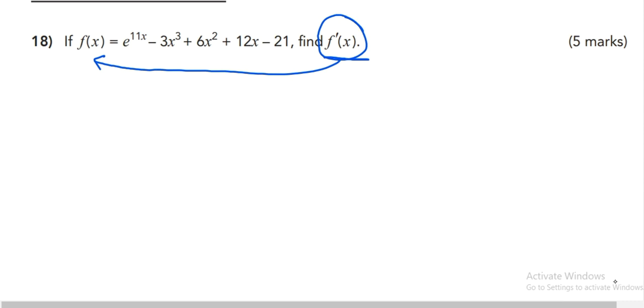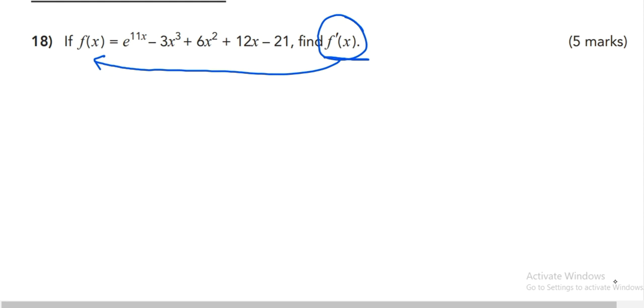And as we said before, what he gives and what he asks. If he gives the function and he asks to find the first derivative, we'll differentiate one time. If he gives the first derivative and he wants to find the second derivative, we'll differentiate one time. If he gives the function and he asks to find the second derivative, we will differentiate 2 times. So we have to pay attention in this question.